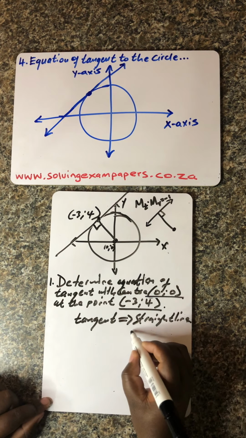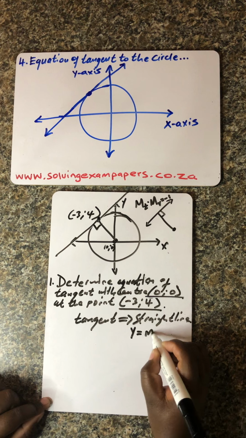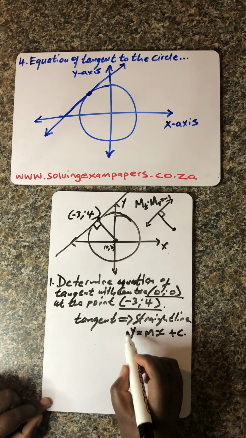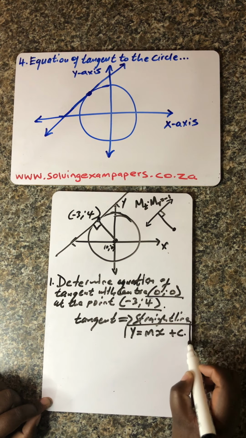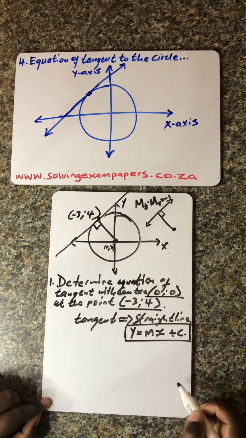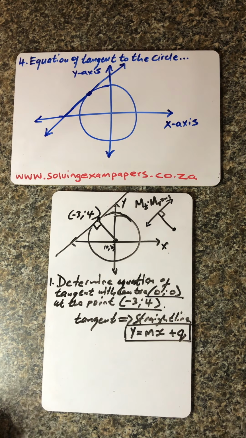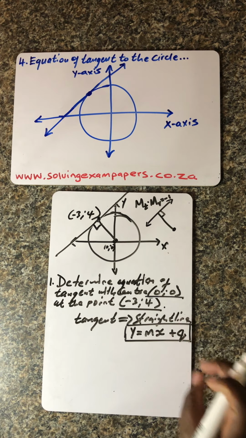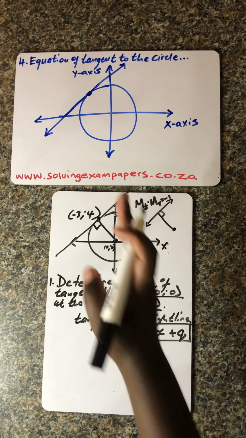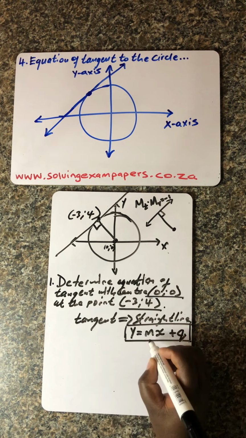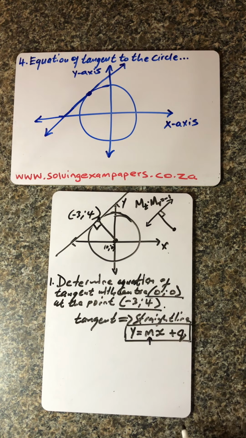I've taught an equation of a straight line in my previous lesson where I said y is equal to mx plus c. This c can also be represented as q. Doesn't really matter. This c or this q is where our straight line cuts the y-axis, and m is the gradient. x and y is just a point along that straight line.